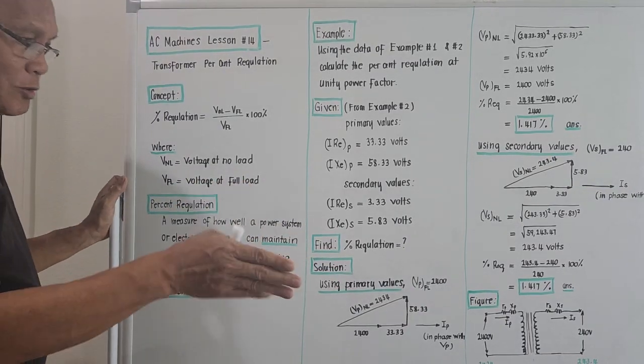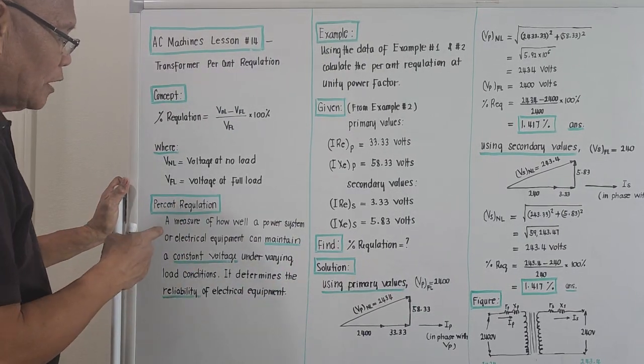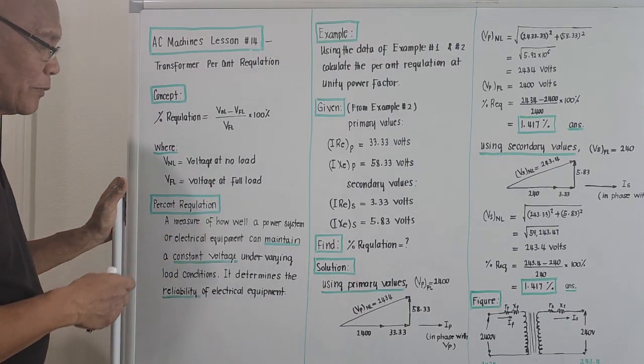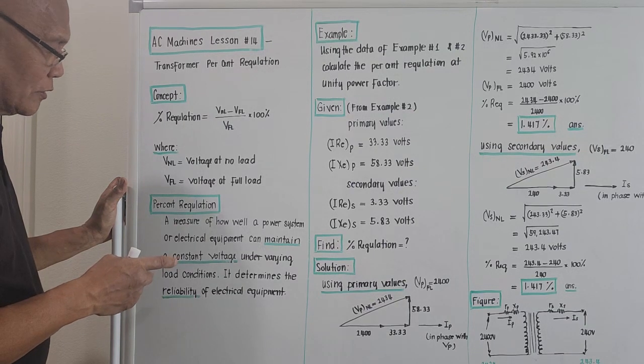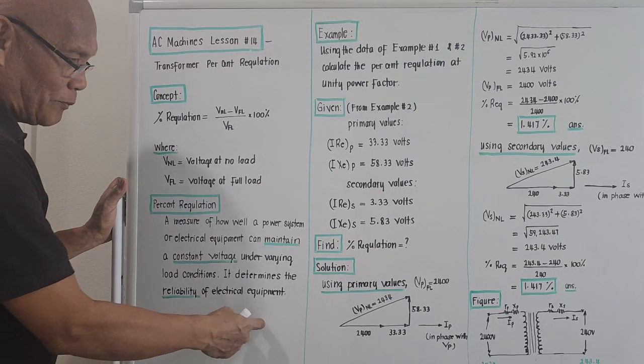I will try to read the definition of percent regulation: a measure of how well a power system or electrical equipment can maintain a constant voltage under varying load conditions. It determines the reliability of electrical equipment.